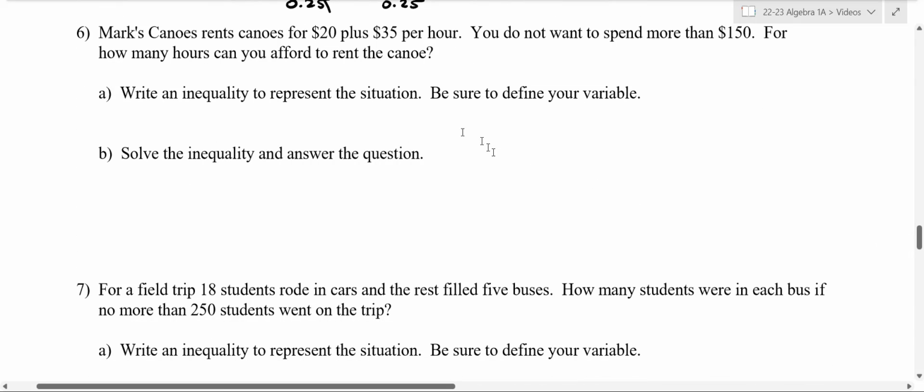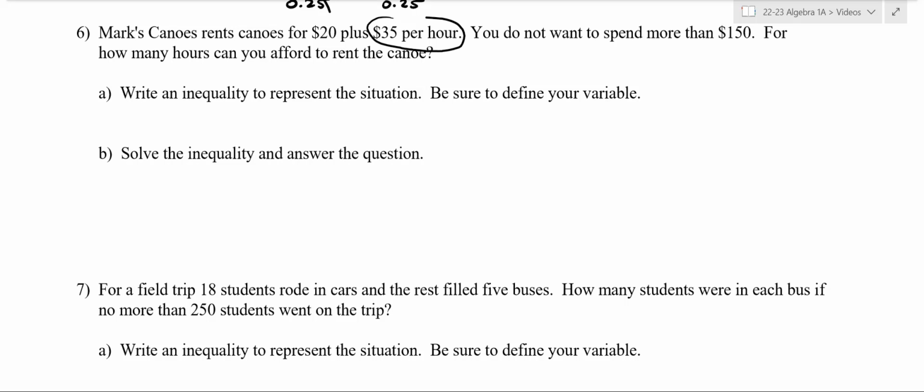Mark's Canoes rents canoes, that would be why it's a canoe rental place, for $20 plus $35 per hour. So this is the rate right here, right? And this is the fee, the constant fee.